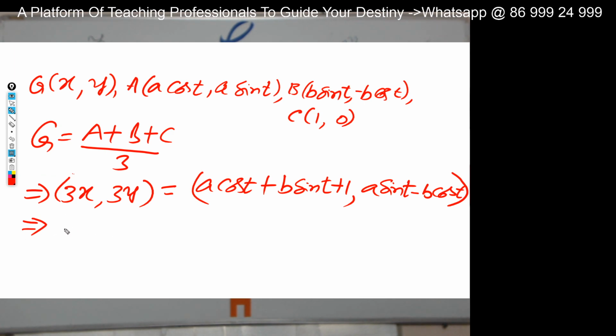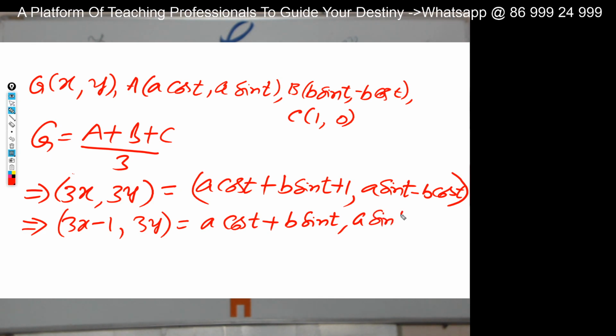So the same, please. 3x minus 1 is equal to a cos t plus b sin t, and 3y is equal to a sin t minus b cos t.